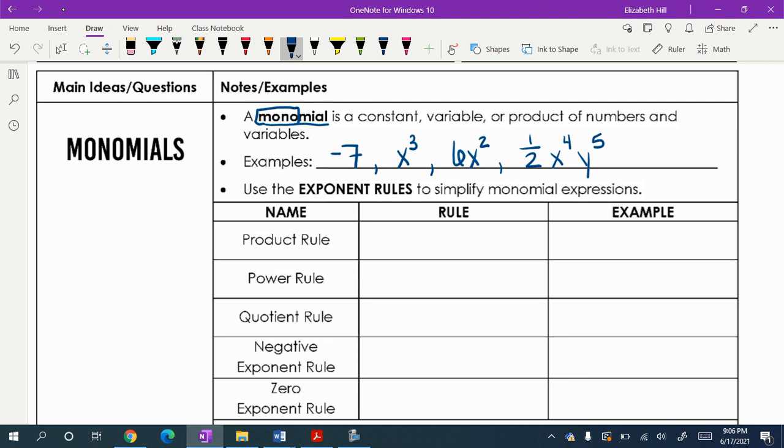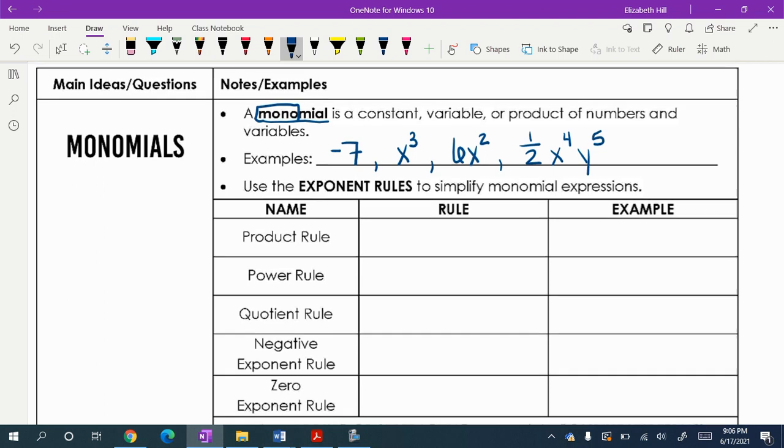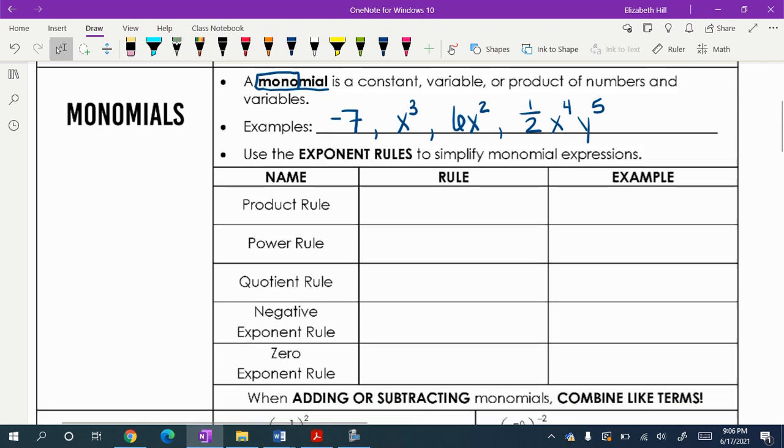Now, when we're working with monomials, we have to keep in mind some power properties that are out there to work with. The first one here is the product rule. You might remember, if you take x to the power of n and you multiply it by x to the power of m, remember that we add those exponents.